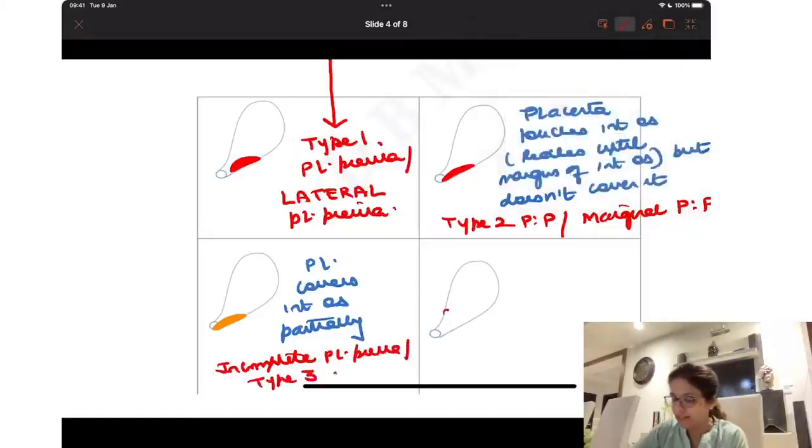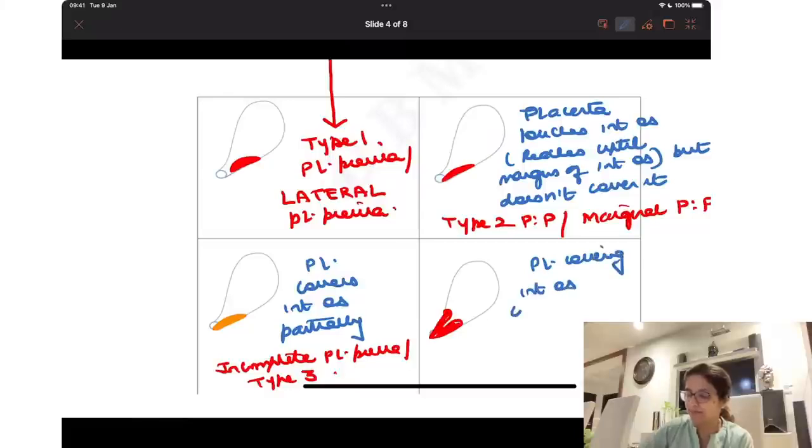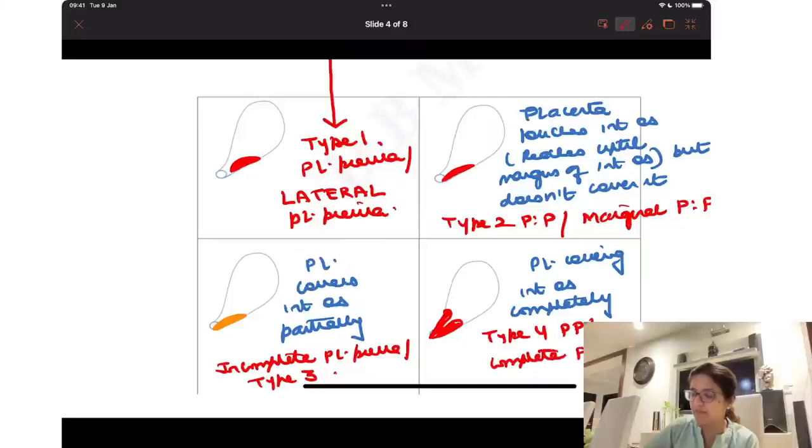And if the placenta covers the internal os completely, right? Then that is type 4 placenta previa, which is also called a complete placenta previa or central placenta previa, right? So this classification is very, very important for all of you.